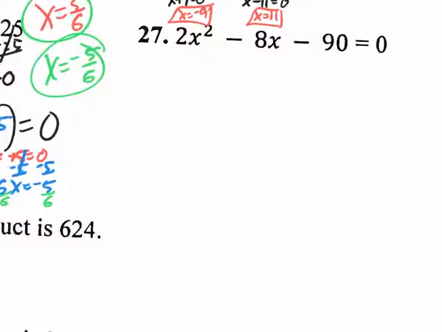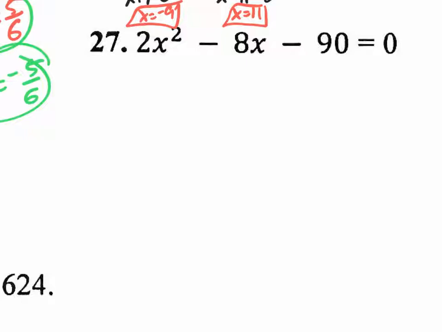Number 27. Okay, so I'm not going to explain it completely, but you could pull out the GCF, which would be 2, right? That's what we did on the previous problems. Pulled out the GCF. Or you could say, hey, this whole thing is an equation, which means I could do whatever I want to it as long as I do it to both sides. So you could technically divide everything by 2 if you wanted to.